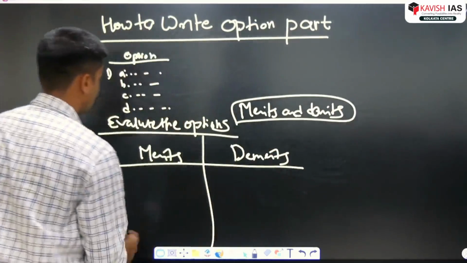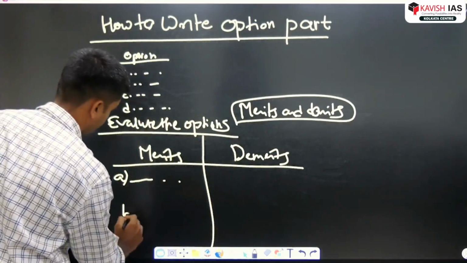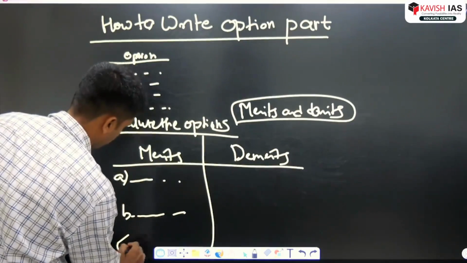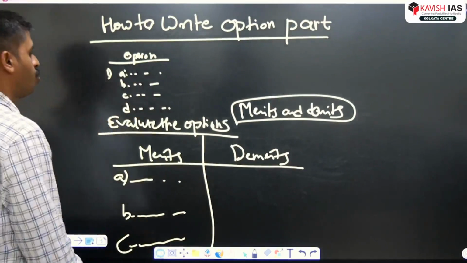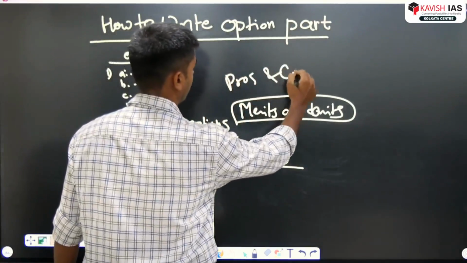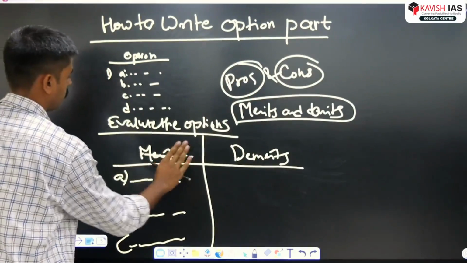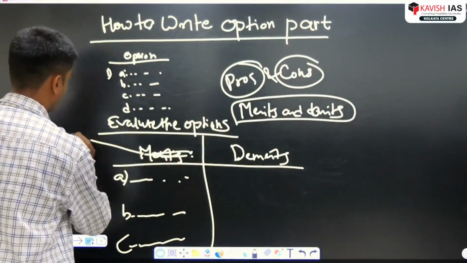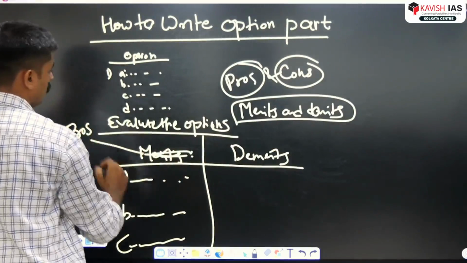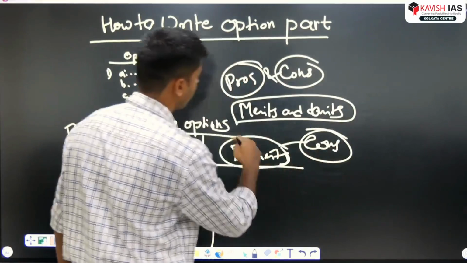Likewise, your first option, your second, your third, and likewise. So if it is written pros and cons, then write accordingly. Then here it will be pros and here it will become cons. Don't write merit demerit then.